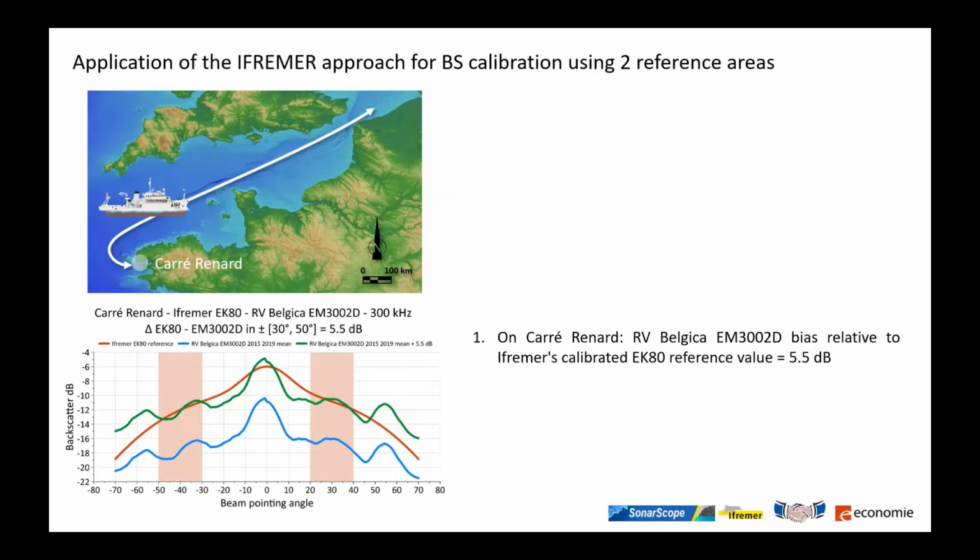The green line is the reference angular response from IFREMER, fully calibrated. And the other line is the angular response of the Belgica shifted by 5 decibel. So we observe more or less a 5.5 decibel difference between the reference and our measurement.